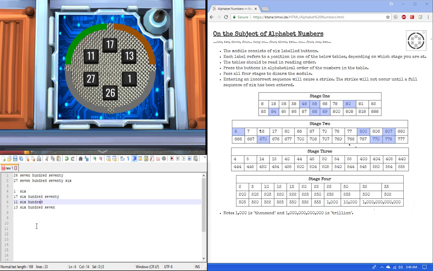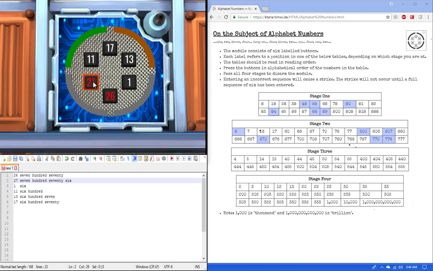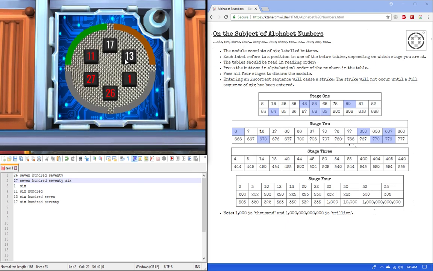Then we're going to take the 600, since there's nothing else more than the hundreds place. Now you have to take these two. Let's see, which one would we take? We're going to take the 607 first. And then we combine these together, and there we go. There's our order. So then the expert reads back the numbers, which is going to be 26, 27, 1, 11, 13, 17.